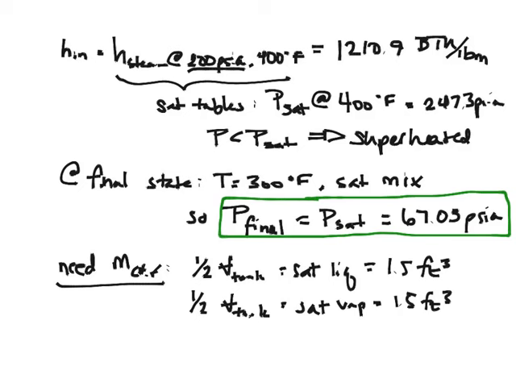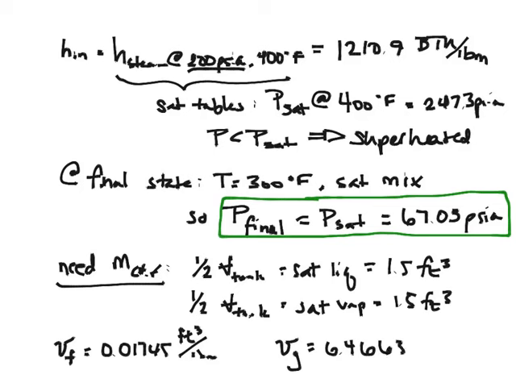Okay, so next I'm going to go to my saturation tables, and I'm going to find my specific volume of my saturated liquid at 300 Fahrenheit, my final temperature, and I find that that is 0.01745 cubic feet per pound mass. And I find that my specific volume for my saturated vapor is 6.4663 cubic feet per pound mass.